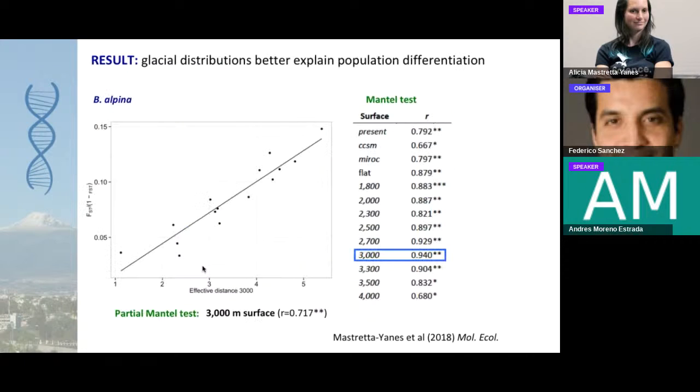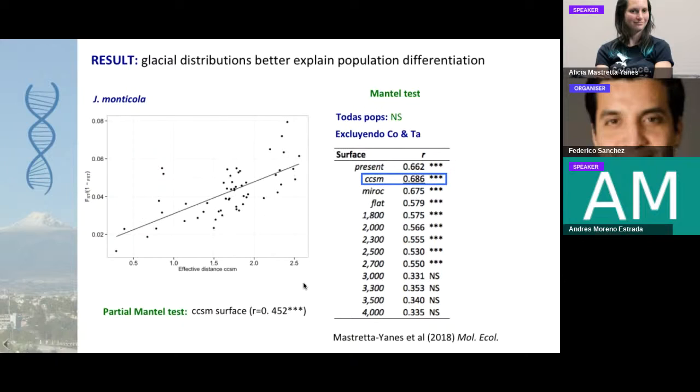We found for Berberis alpina that the glacial distribution better explains population differentiation, because this is a species that today occurs at about 4,000 meters above sea level. And despite that, the glacial distribution, which according to pollen records should be 1,000 meters below, better explains the genetic differentiation among their populations.